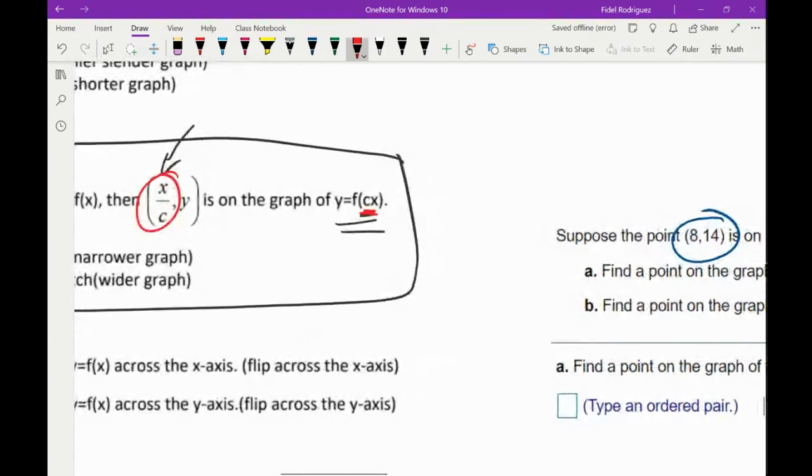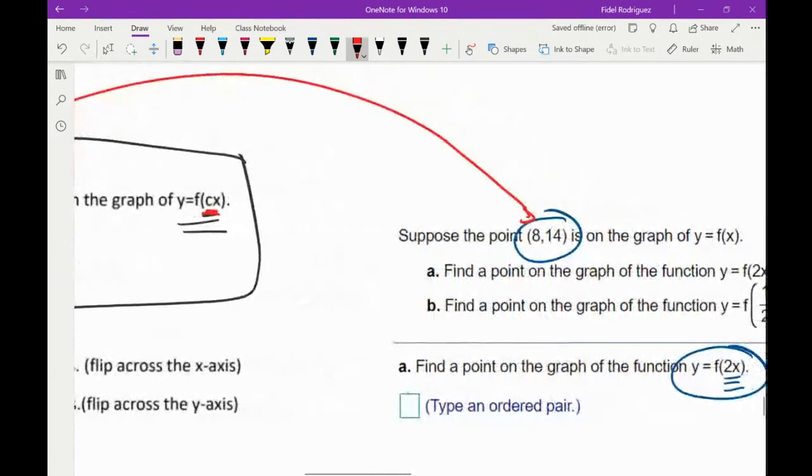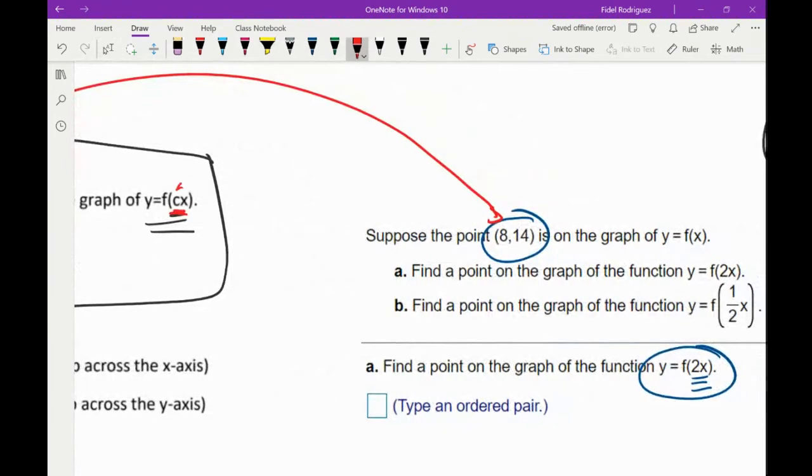So I want you to do a little stare and compare. Y'all agree with me here that x is the 8 number? We're good so far? Okay, c here is the number 2, right?